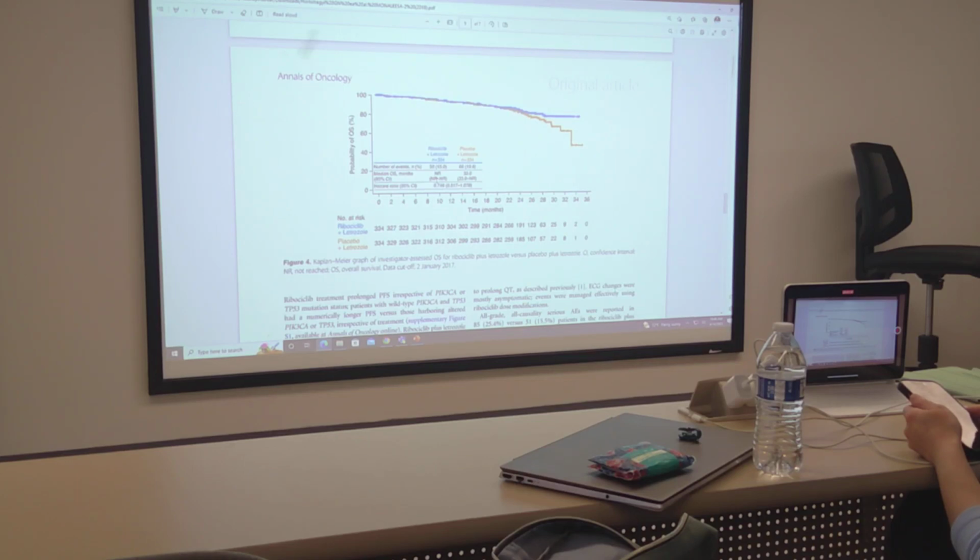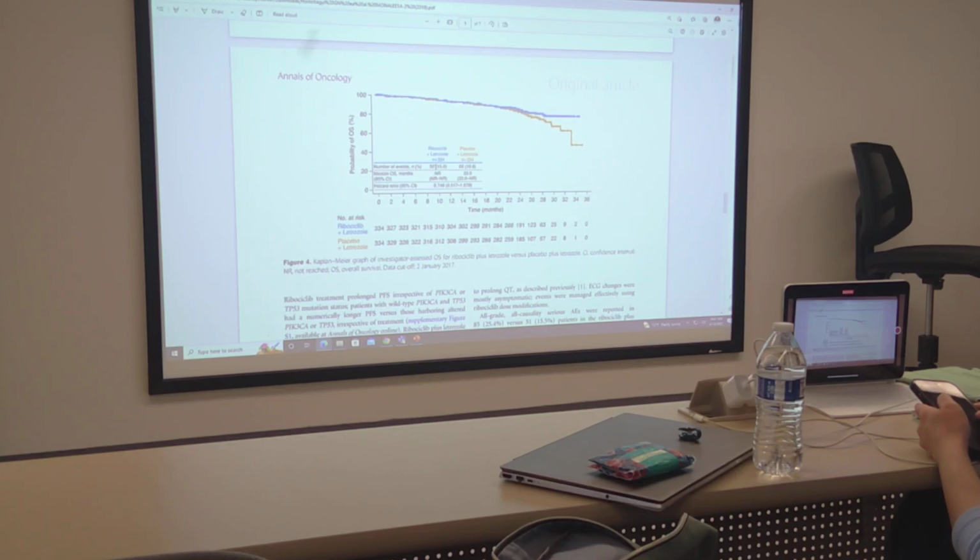particular endpoint. This endpoint has since been reported on to show that it is statistically significant, and that's what I was talking about in reference to this drug having something the other ones don't have. This overall survival is now confirmed to be better with ribociclib plus letrozole versus letrozole alone.